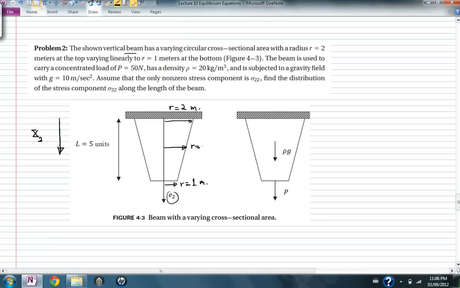R at a distance x2 is equal to 2 minus x2 over L. When x2 is equal to L, r is equal to 1 meter. When x2 is 0, r is equal to 2 meters. When x2 is any other intermediate value, r is equal to 2 minus x2 over L.